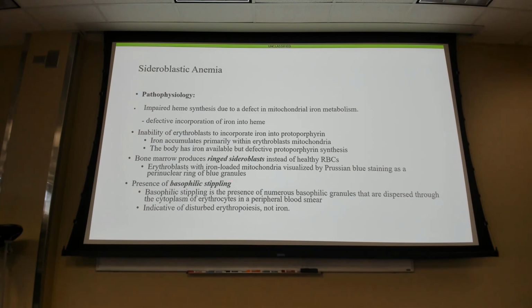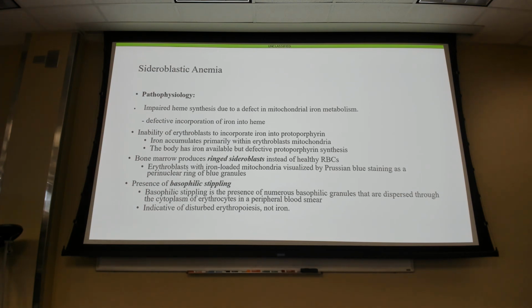The bone marrow produces ring sideroblasts. That's a classic finding, but it's not something you're going to see on your peripheral smear. You see it in the bone marrow. So something would have had to happen for me to order a bone marrow on somebody, because that's not a routine test. Bone marrow sucks, it hurts, not fun for your patient.